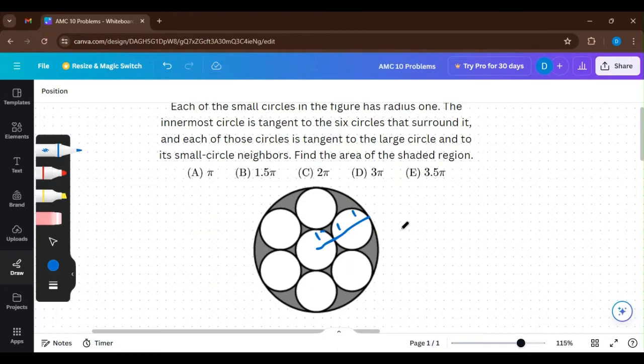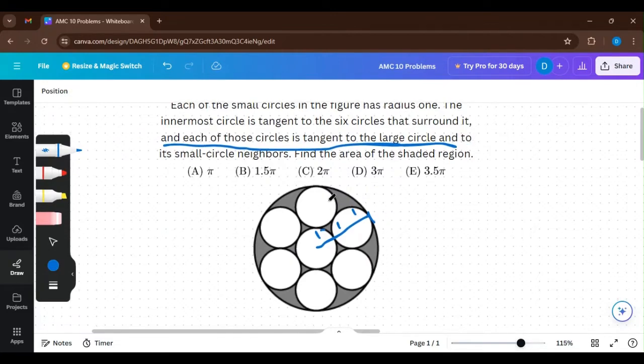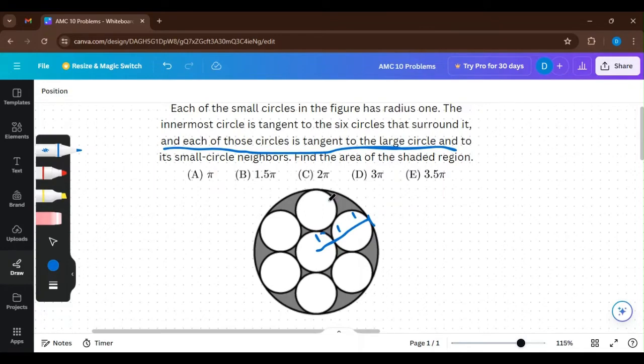Okay, so it also says each of those circles is tangent to the large circle. So we also know that there isn't a space between these small circles and the large circle, so we know that the radius is already set. And it says, and to its small circle neighbors. Find the area of the shaded region.